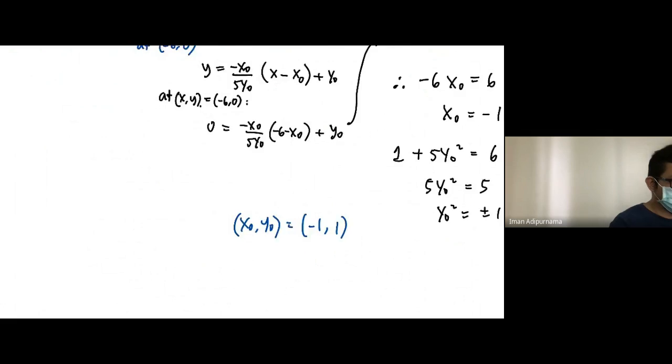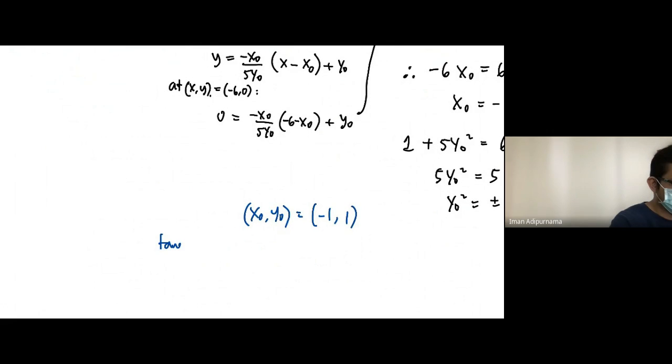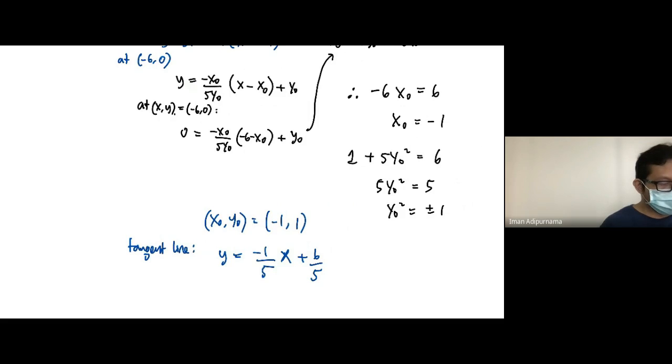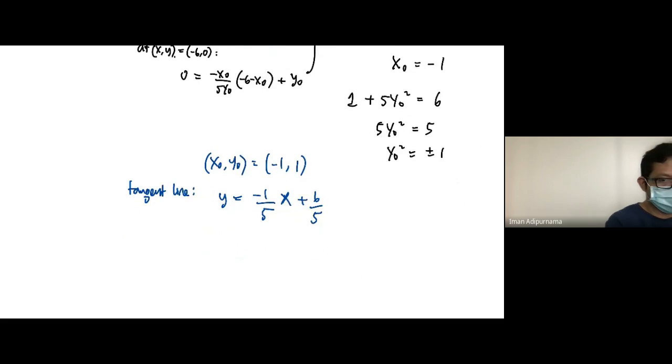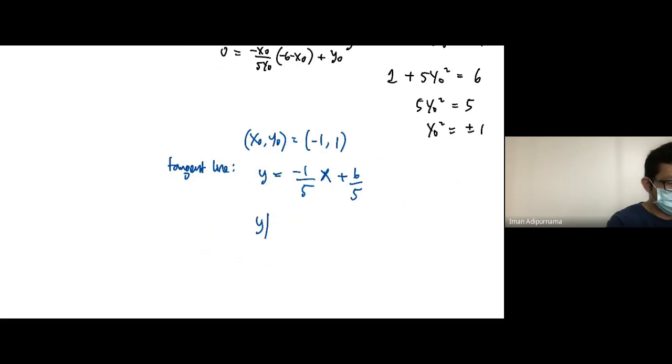Okay. So the tangent line is y equals negative 1 over 5 X plus 6 over 5. So y at x equal 4, that is where the lamp is at.